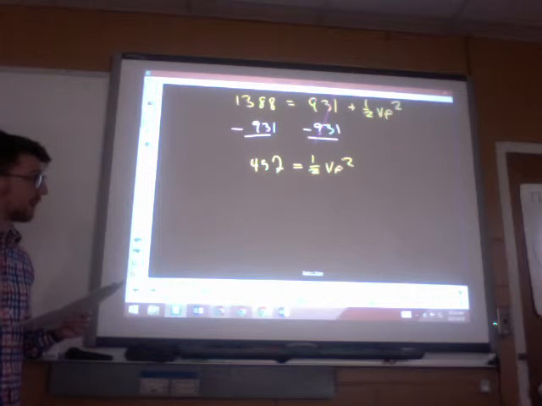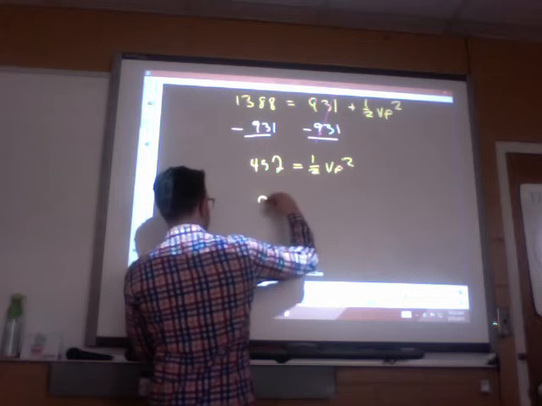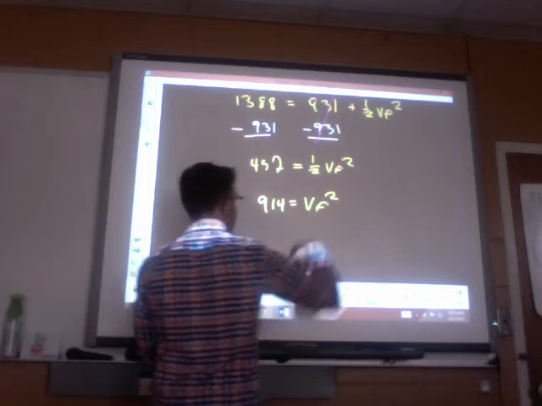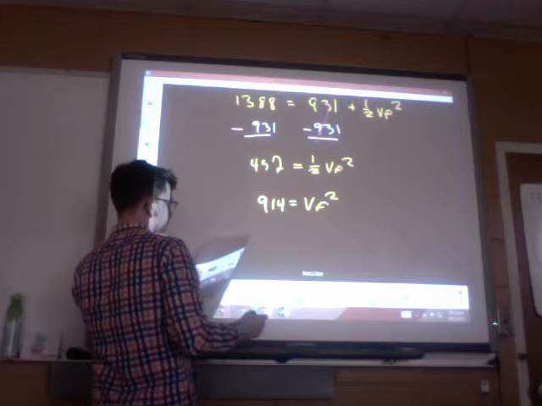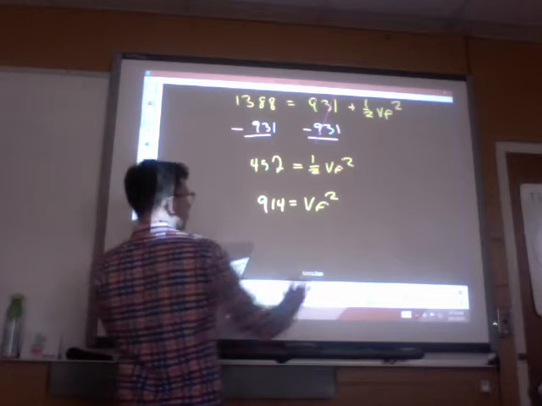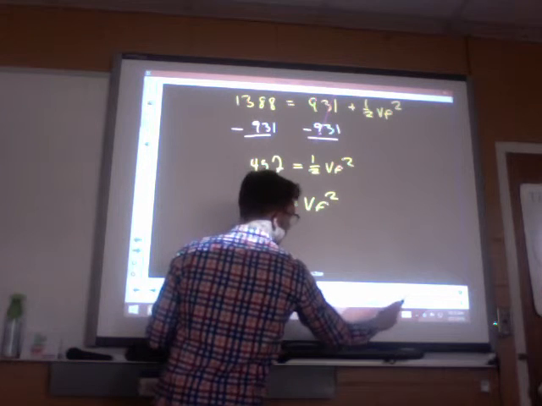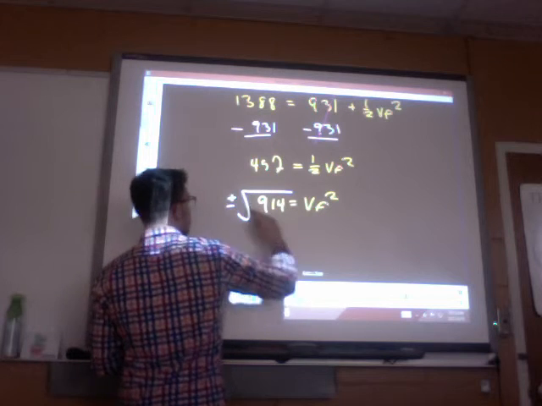Multiply both sides by 2. This is the type of problem you're really going to have to check your answer on. Well, we can multiply by 2 to get rid of the half. And we square root both sides. It won't really matter on this one, but we should put a plus or minus.